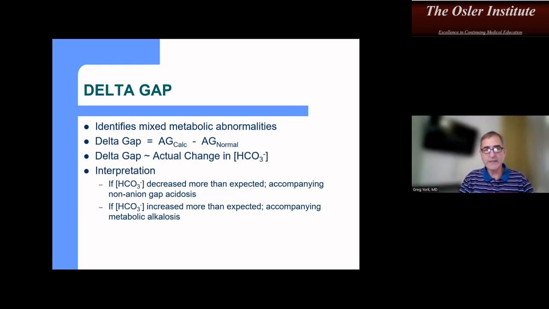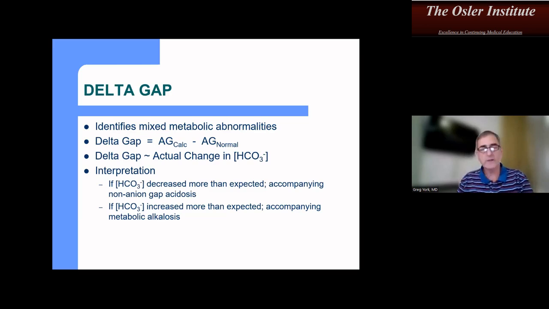And so the delta gap is the difference in the anion gap from normal. So let's say you calculate the anion gap, and for a certain patient it is 35. Let's make it easy, 30.